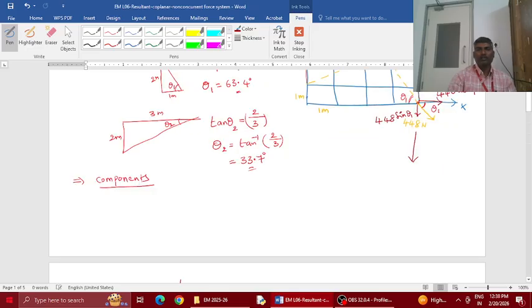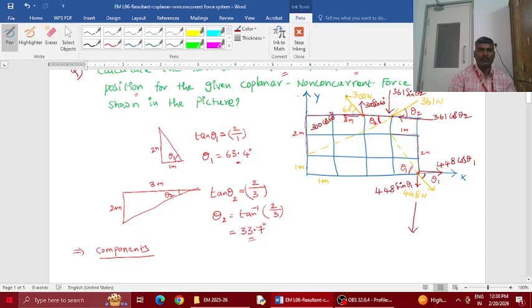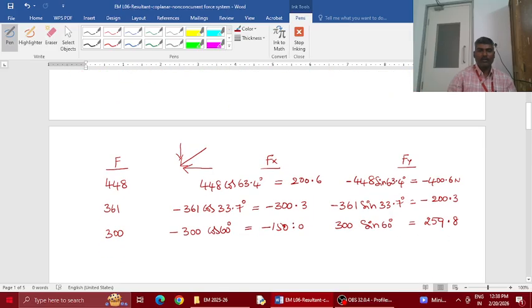So you can see how the given 300 Newton is. So the x component is towards negative x-axis. Y component is positive. So that's why you get negative x component, positive y component.